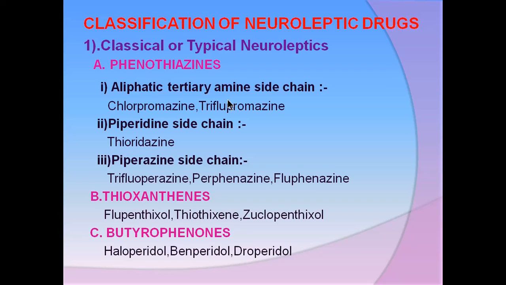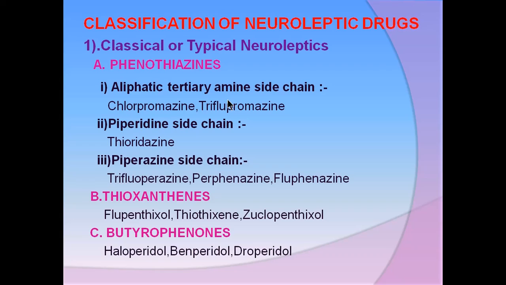Neuroleptic drugs are divided into broadly two types: classical or typical neuroleptics, and second being novel or atypical neuroleptics. Classical or typical neuroleptics are further divided into different groups: phenothiazines, thioxanthenes, butyrophenones, and miscellaneous groups.